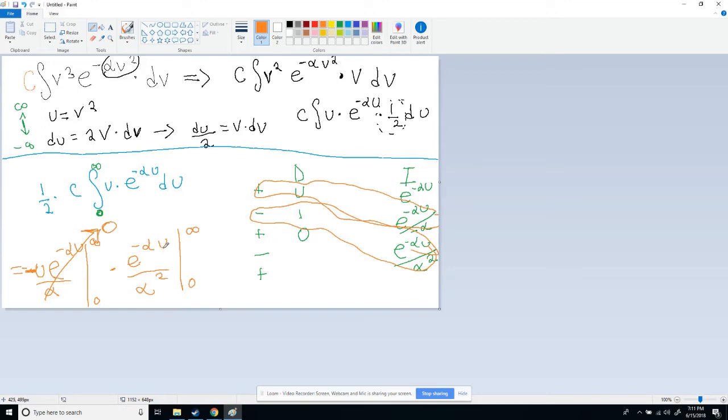At infinity, this whole thing will be 0 because the u is in the exponent. And at 0, anything to the power of 0 is 1. And so we have f of b minus f of a, with this being f of a, so minus, minus, and it becomes 1 over alpha squared.